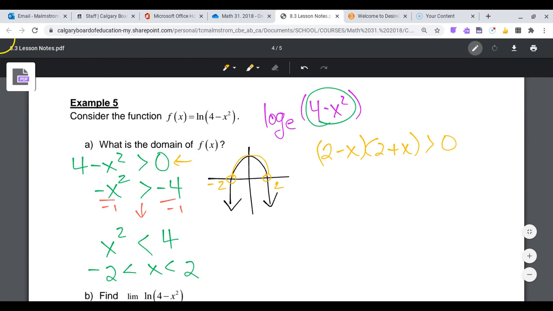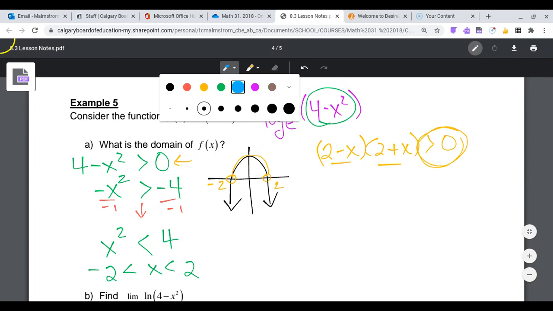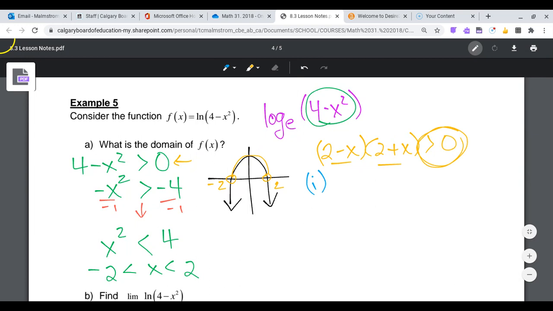If you were to do this algebraically through case analysis, which you would have learned in 20-1, we would have gone to this factored form and said, in order for two numbers multiplied together to give me a positive output, I would need either both factors to be positive or both factors to be negative.